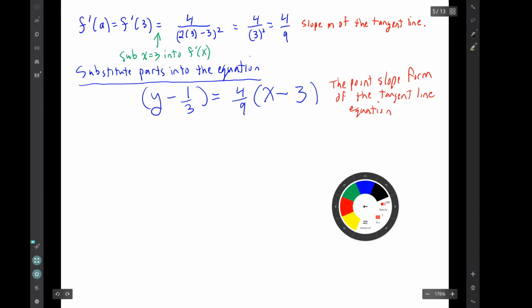So what we should do now is convert this equation to slope-intercept form. And the way we do that is we solve for y.